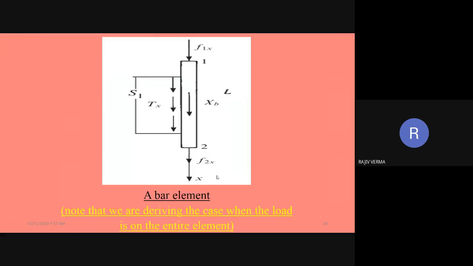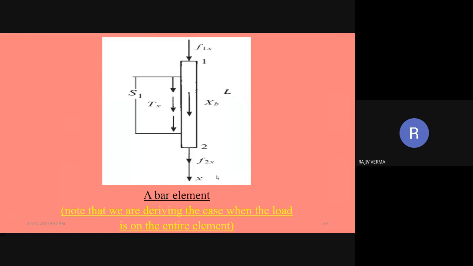Kindly notice that the derivation we are going to make is for the case when the traction or the body forces are acting throughout the element. What I want to say is that they are not restricted to a certain portion of the element, but are acting throughout the entire element.